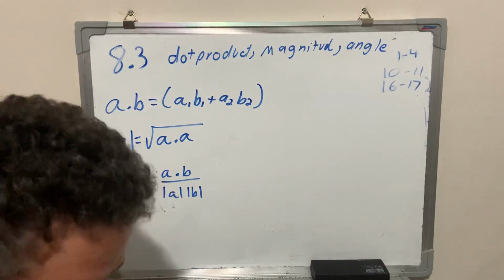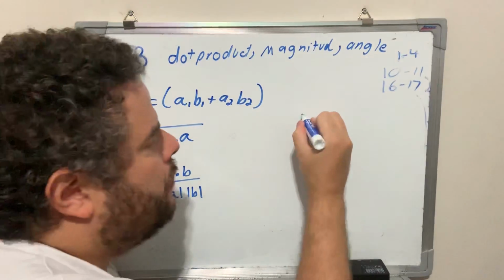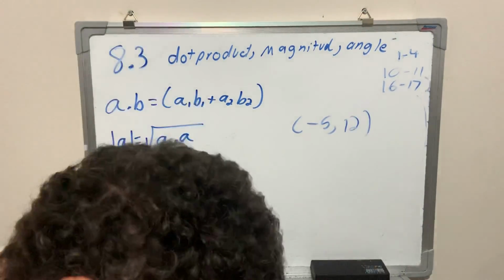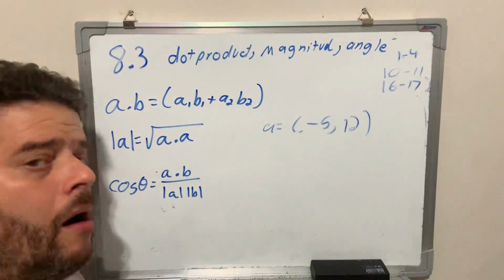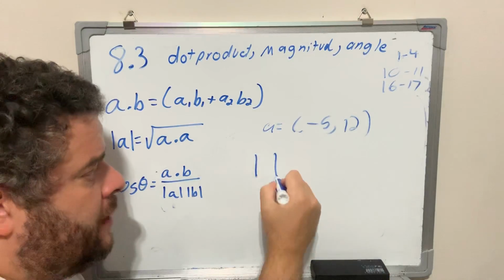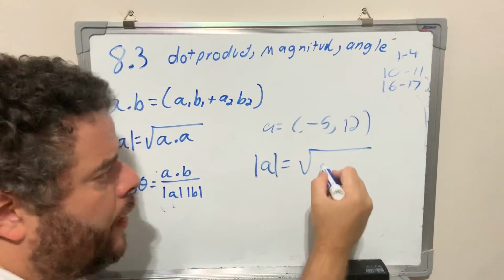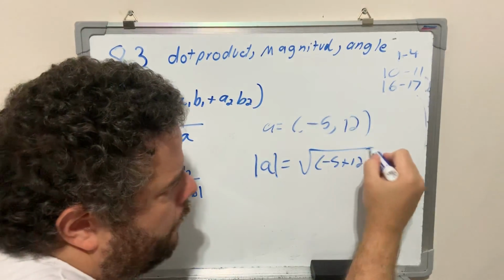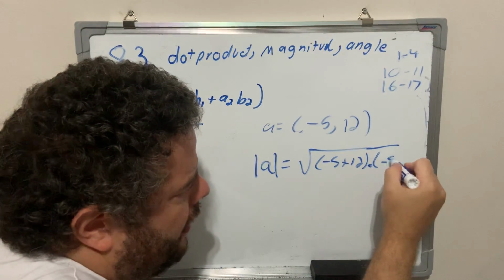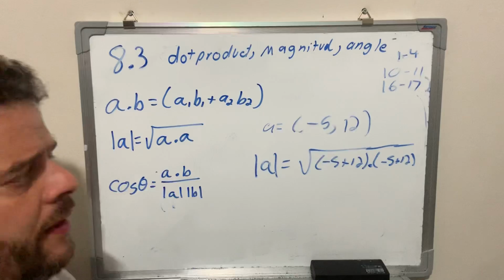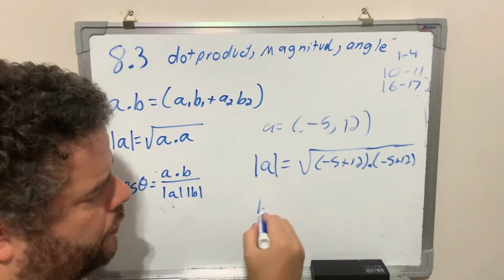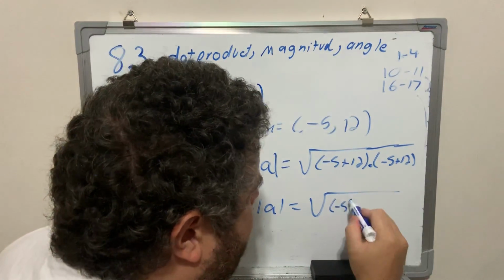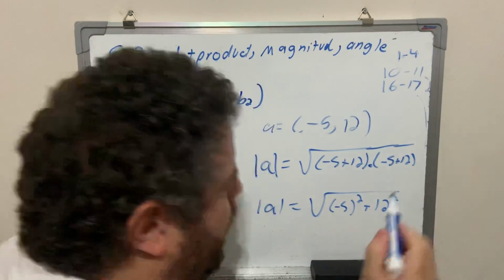So on page 501, again at the bottom, they're asking me, please calculate the magnitude of this vector A. All you have to do again to calculate the magnitude of A is the square root of A times A, which is the same thing as saying the square root of -5 squared plus 12 squared.